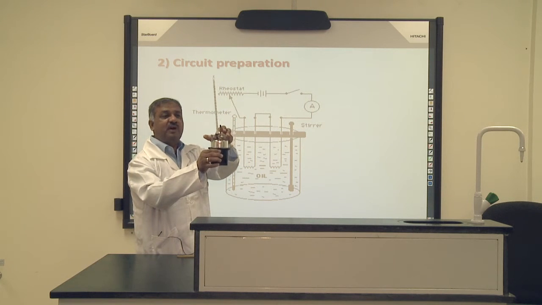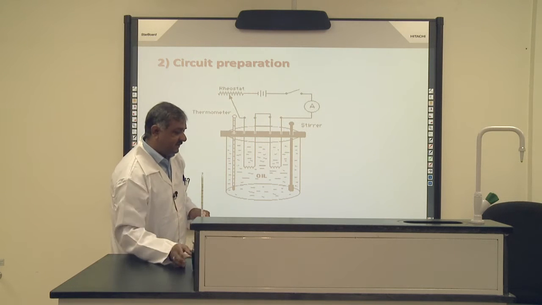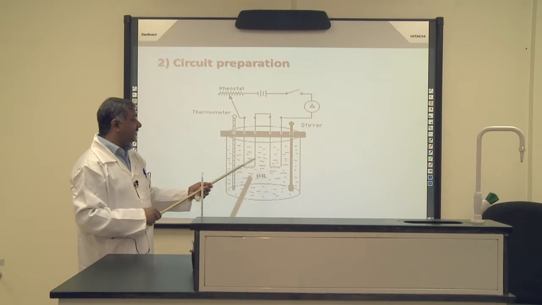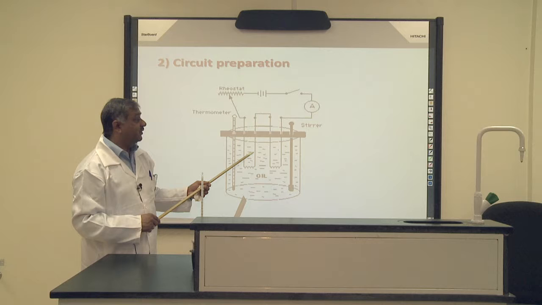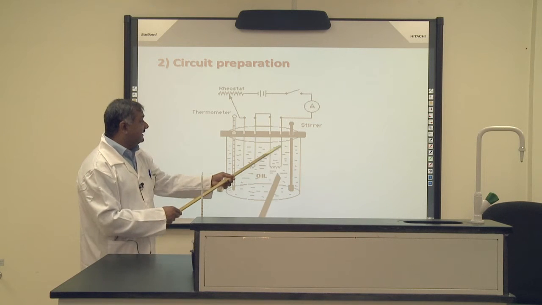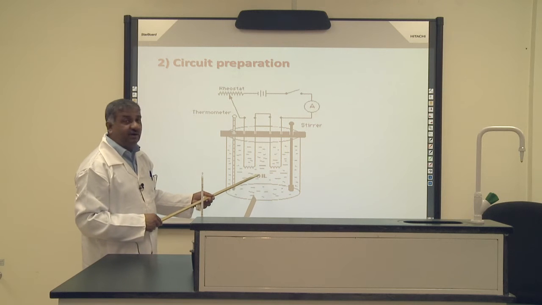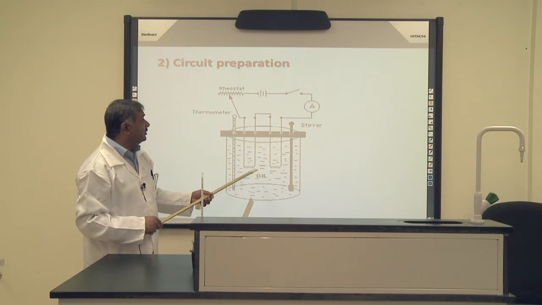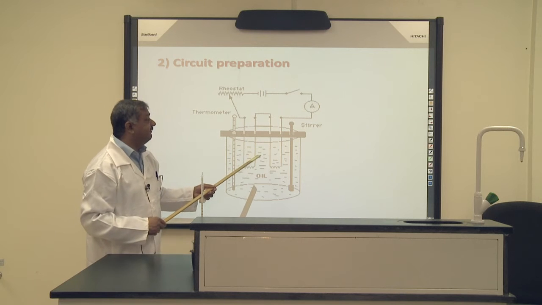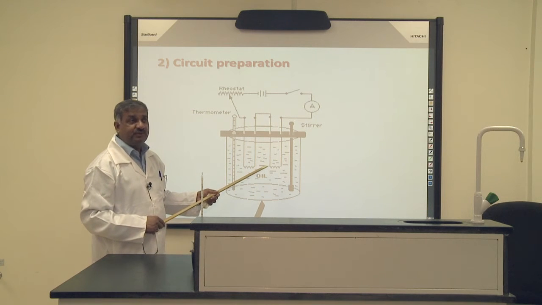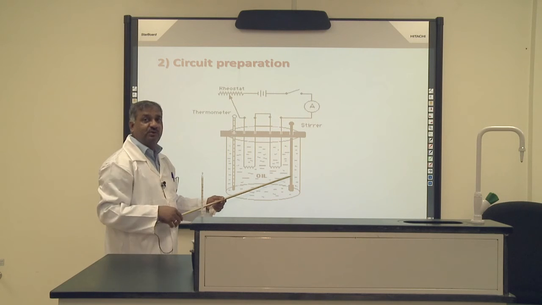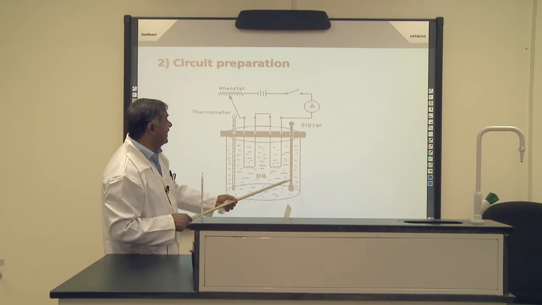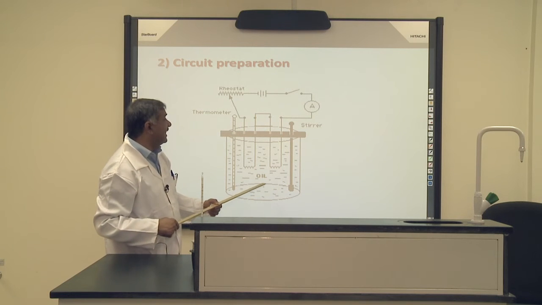The same 2 coils are mentioned in this picture, coil 1 and coil 2, and they are connected internally in series for 2 ohms, and inside this oil or glycerine is placed. So this circuit connectivity is a very simple connection. The stirrer, or mixer, I just showed you, is placed inside this.